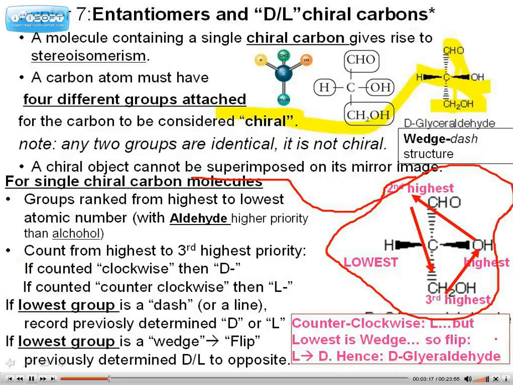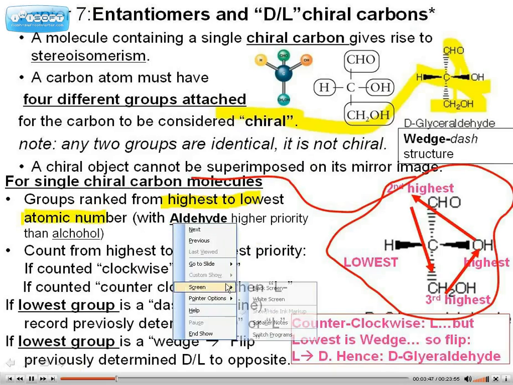The highest priority is the group which has the highest atomic number. So let me highlight this part right here. The second highest priority has the second highest atomic number, and so forth. So let's see this on a white screen.